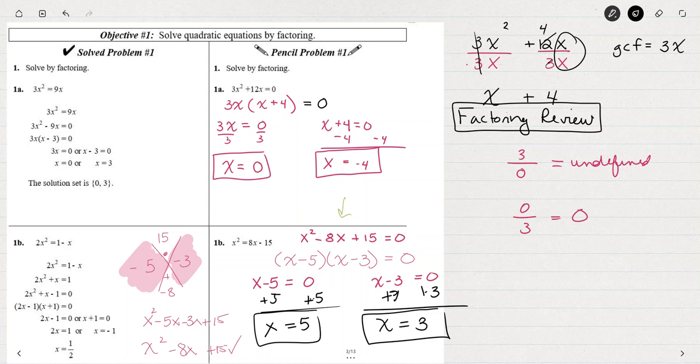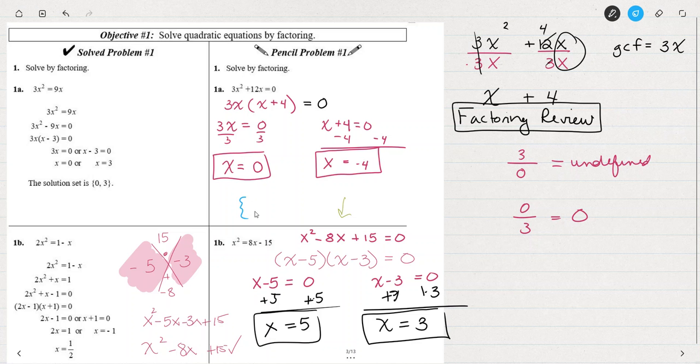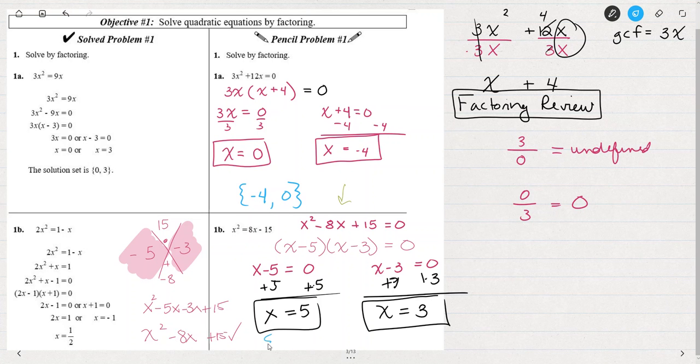You know, it wouldn't hurt just to finalize both of these examples to write the solution set, to say therefore the solution set is negative 4, 0. If I want to be really proper and precise, I'm going to put those in order. So I'm going to put the smaller one, the negative 4, first. And then the solution set for the second example is going to be the set of numbers 3 and 5. That's a nice way to write the final answer.